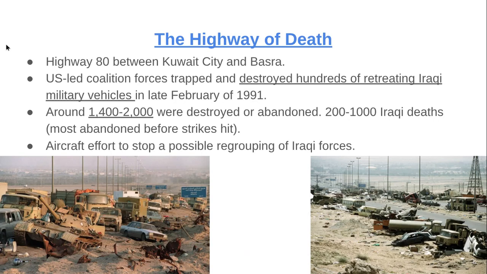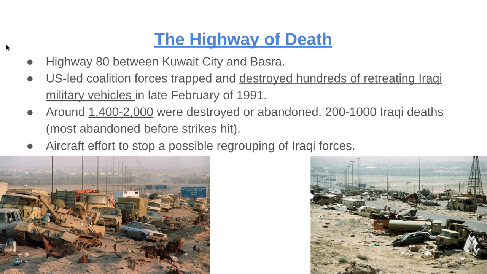And as this war comes to a close and Iraq's forces retreat, you have what is known as the Highway of Death, where the coalition forces trapped and destroyed hundreds of retreating Iraqi military vehicles, as well as civilian ones, and most of the people in these vehicles abandoned them and ran, leaving this highway of almost endless vehicles, it feels like.